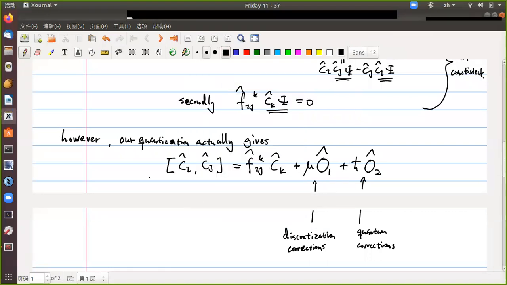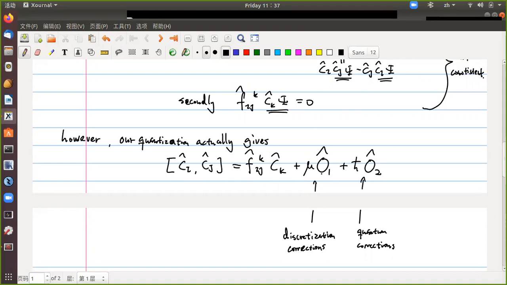Okay, so our constraint algebra, when quantized, is not exactly the same kind of constraint algebra as at the classical level, because you have to include firstly the discretization corrections and quantum corrections. The discretization corrections come from the fact that we are not really quantizing the quantity on the continuum.